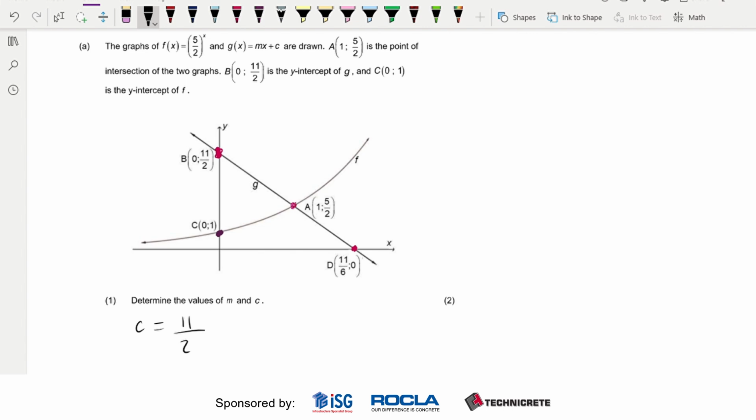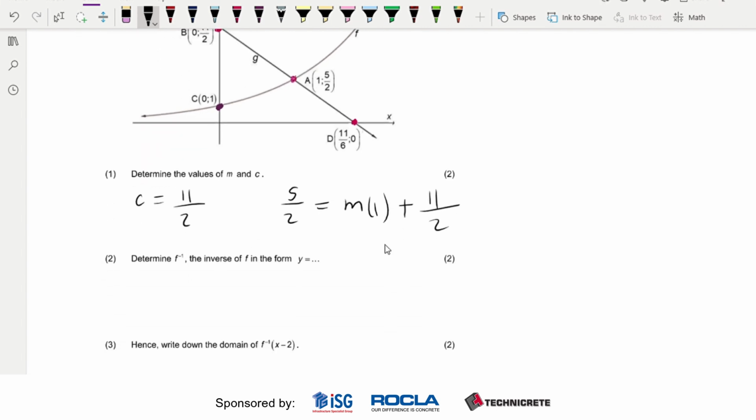Now we can just substitute c into this equation by using any one of these points. So let's use the point A. A is (1, 5/2). So we'll have 5 over 2 is equal to m, which is what we're looking for, times x, which is 1, plus 11 over 2.